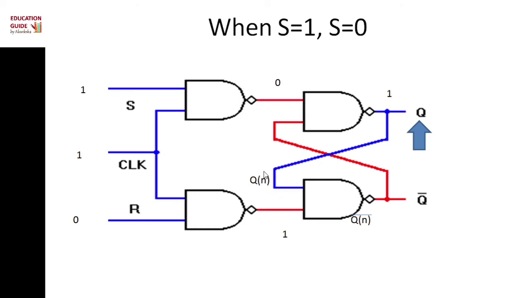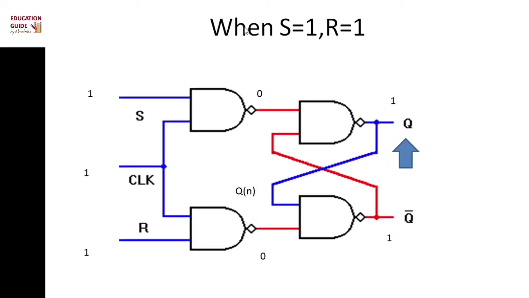If we give the bottom NAND gate inputs Qn and 1, then we can find the output is Qn bar. Here it is Qn bar and here it is 0. Then we can find the output of the above NAND gate as 1. So this means it is the set input.